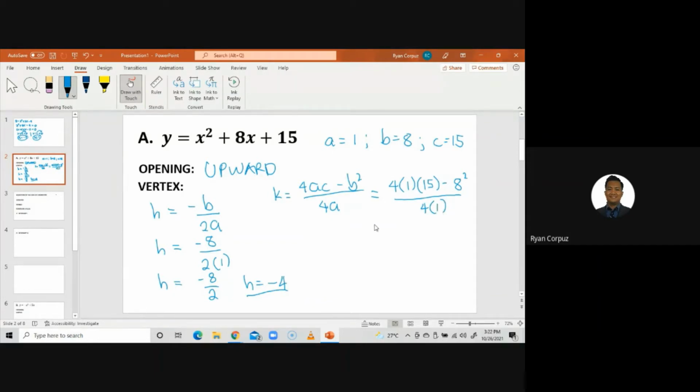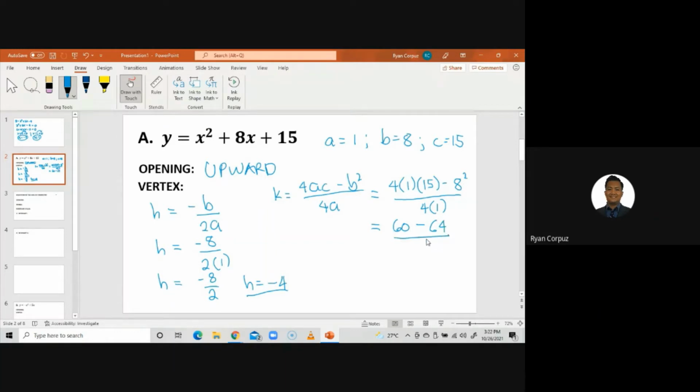Then simplify natin. Kakaroon tayo ng 4 times 1, that would be 4, and 4 times 15. What is 4 times 15? 60. That is 60. So that's 60 minus 8 squared. What is 8 squared? That's 8 times 8, that would be 64.